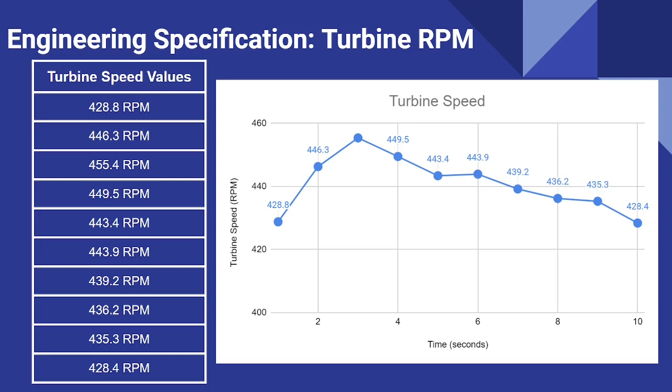From these results, we had an average RPM of 440. Even after installing the mechanical parts, we still have more than enough to meet our 150 RPM or more turbine speed requirement.